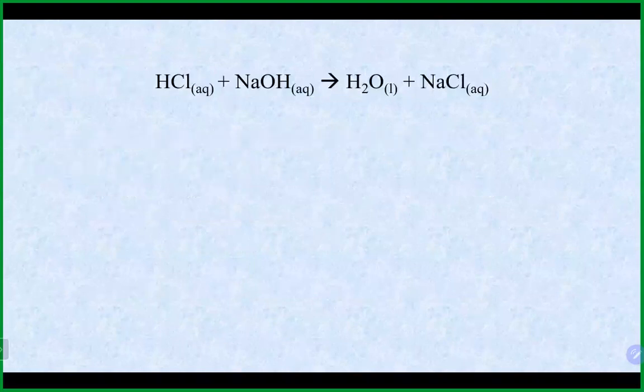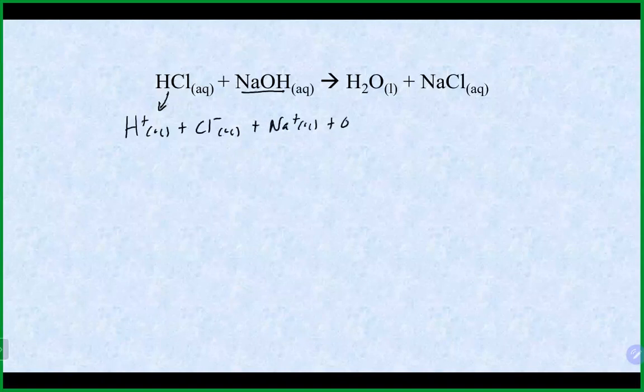So if we took hydrochloric acid plus some sodium hydroxide and reacted them together, this is our molecular equation. Because this is a strong acid, we know it will 100% break apart into H+ and Cl-. Sodium hydroxide, which is a strong base and a strong electrolyte, will also break apart into a sodium ion and a hydroxide ion.